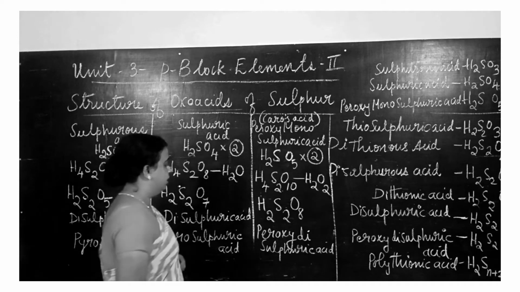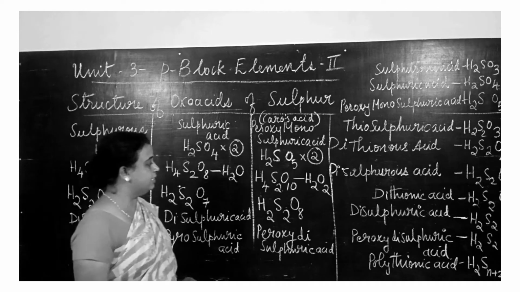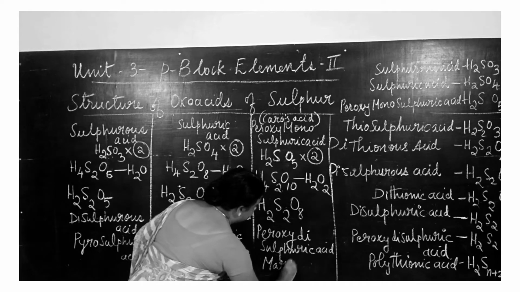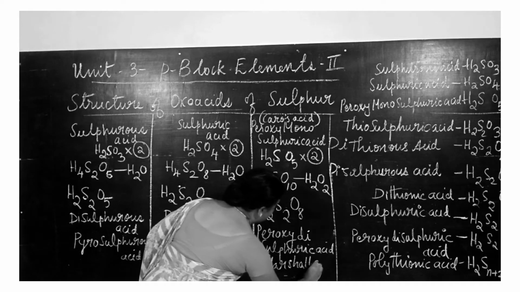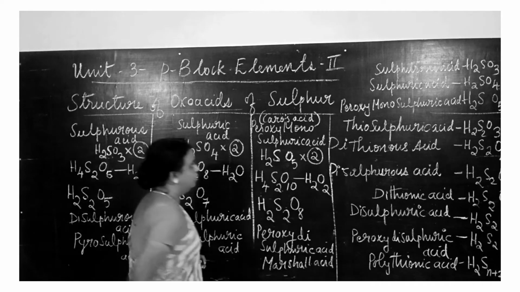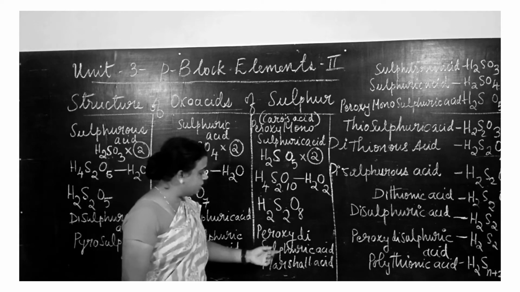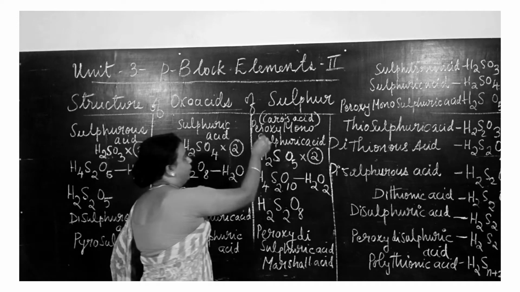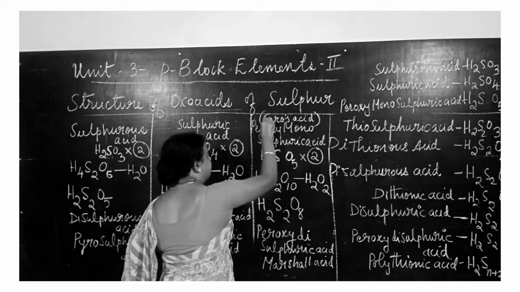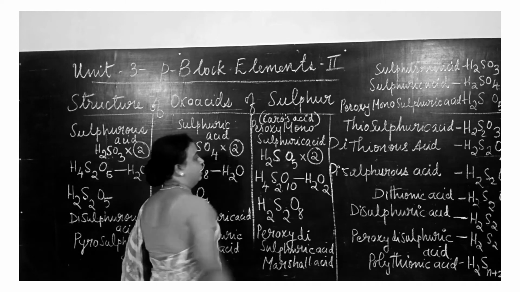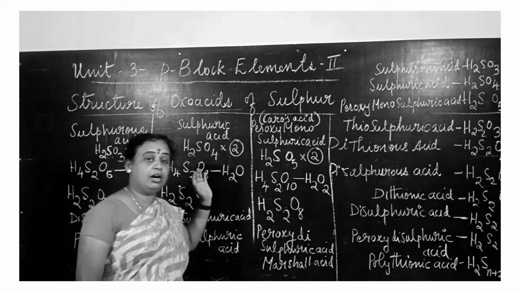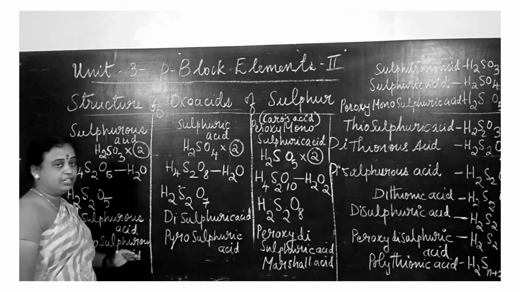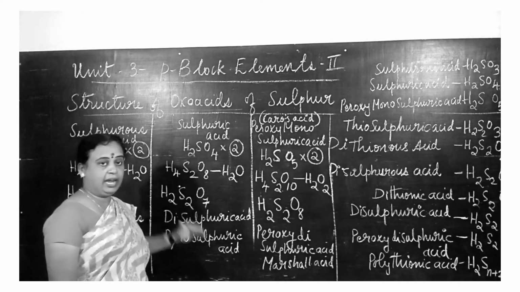Another name for peroxydisulfuric acid is Marshall acid, and peroxymonosulfuric acid is called Caro's acid. These are additional information. These are not in the textbook.